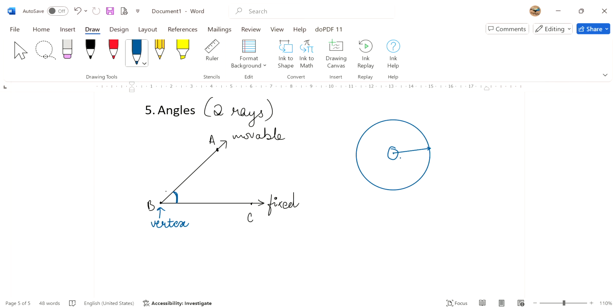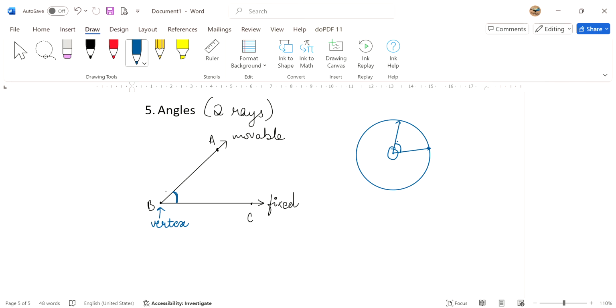Suppose I have this fixed arm over here. Wherever my movable arm lands, the measure of the angle between these two is what I call the measure of this angle or the degree of this angle.